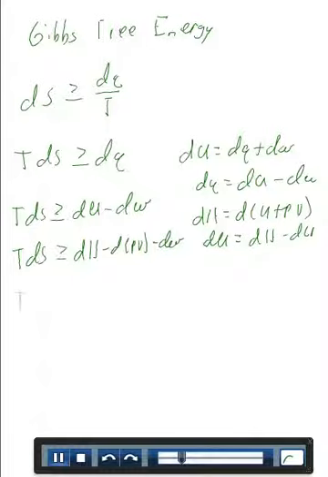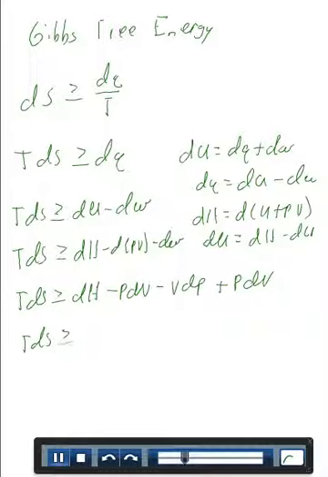And then we're going to expand out terms. dw is minus PdV. That'll give us a plus PdV term. And the PdV's cancel, and we get, as a result, dH minus VdP.